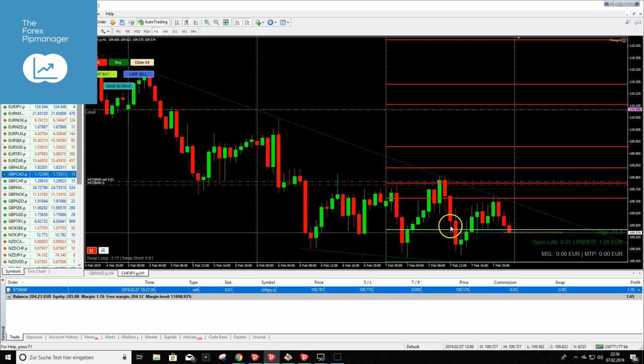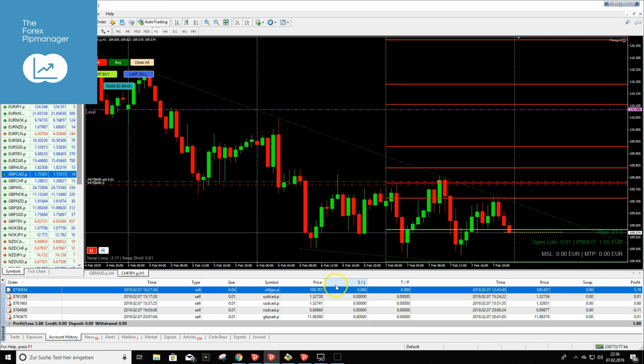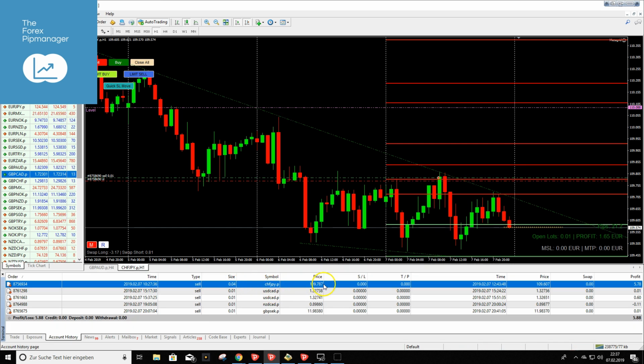As I saw that here we get a rejection of this buy level again, I closed 90%. And if you look here on the trading history of this day, you can see this was the trade I closed here. This was the first part of my trade.